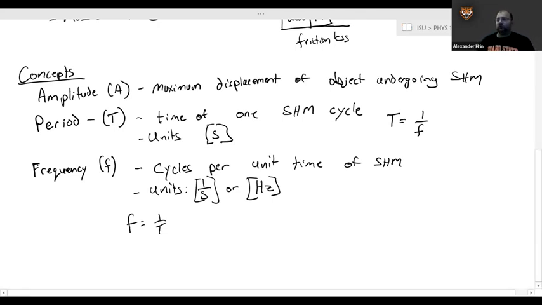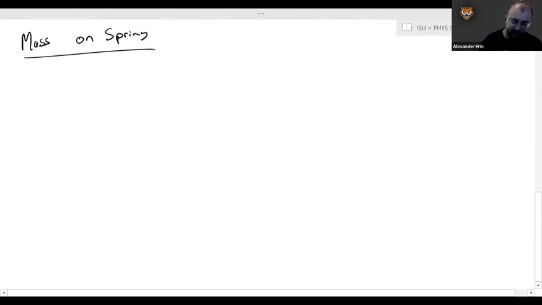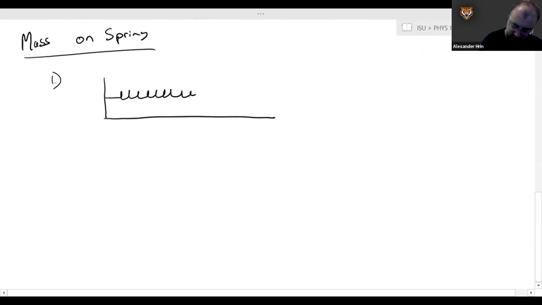Okay, so to real quickly talk about why a mass on a spring does what it does, I'm going to draw a series of about 5 pictures. The first one, I'll spread this out to here.